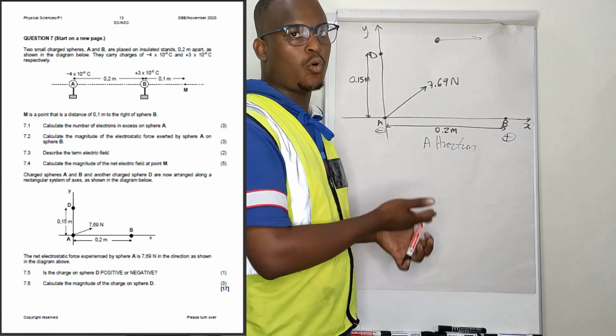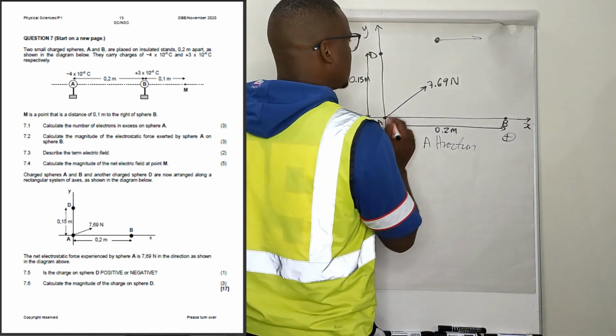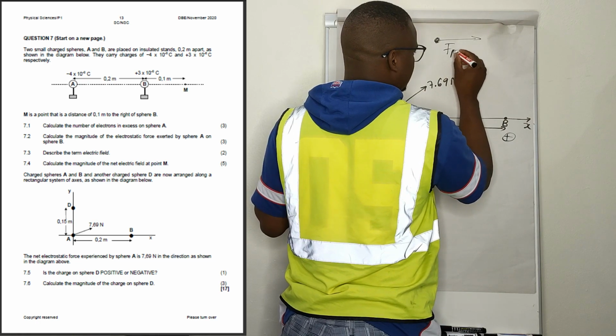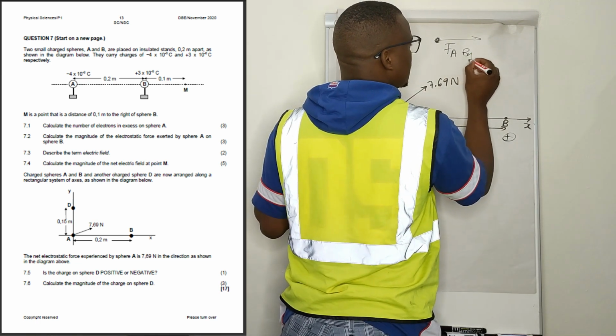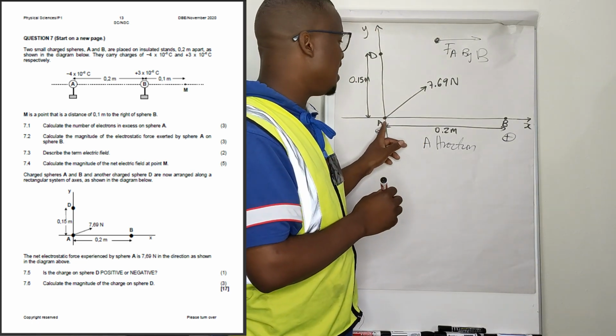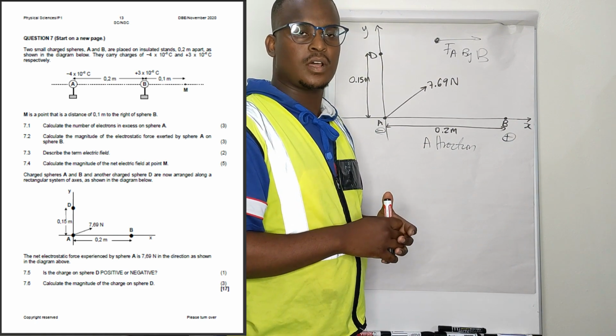That's the only force I'm going to focus on here. So this is the force on A by B, the force felt by A as a result of B. It's attraction in that direction.